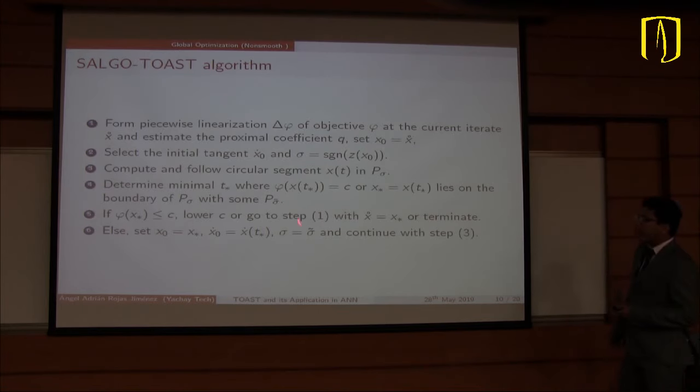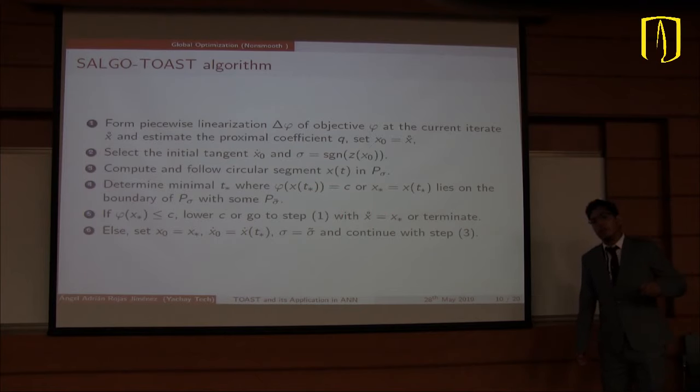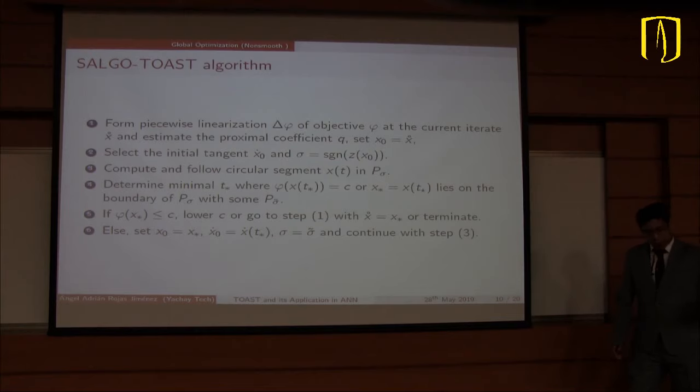Or go to step 1 with the reference point equal to the point at the boundary of the polyhedron, or terminate if the user thinks the minimal value that the algorithm found is good enough.